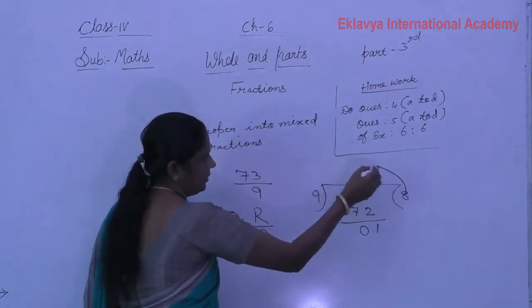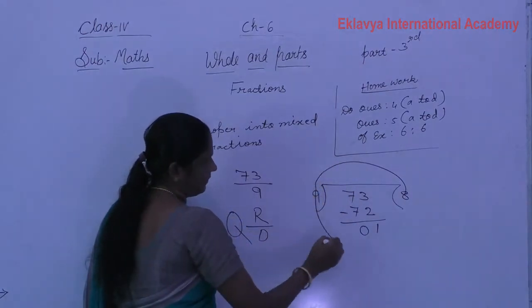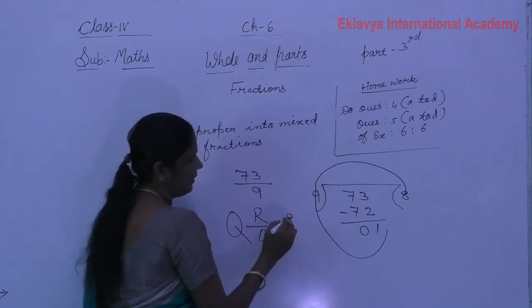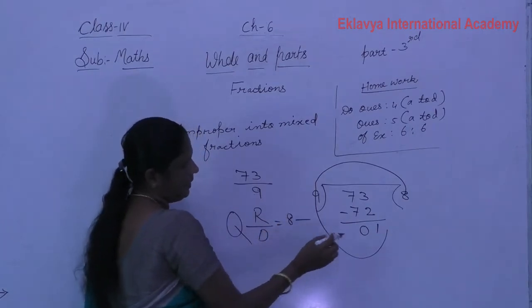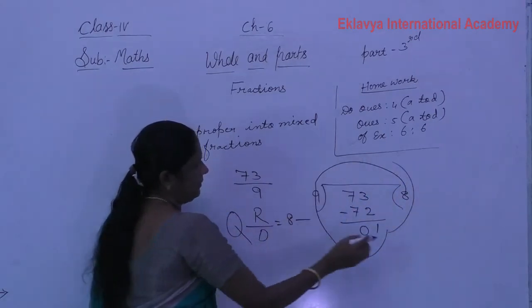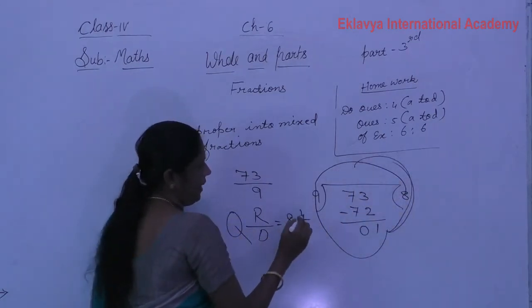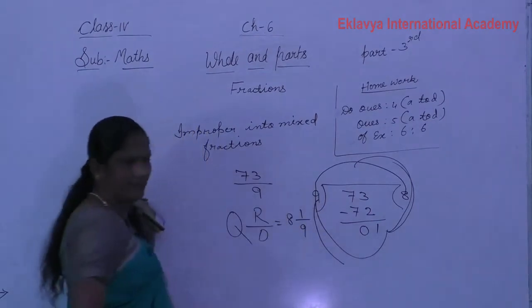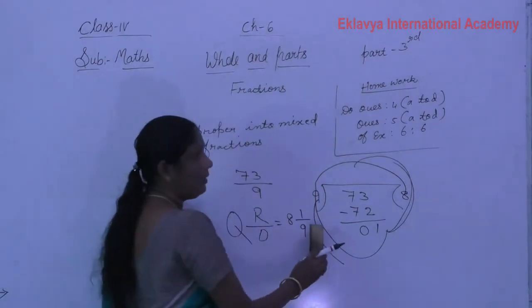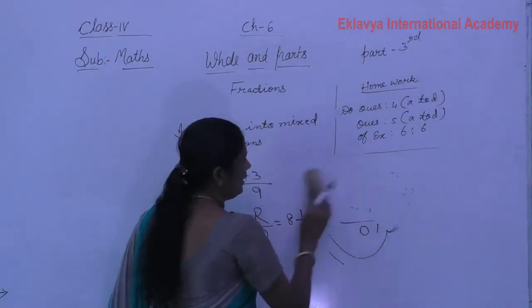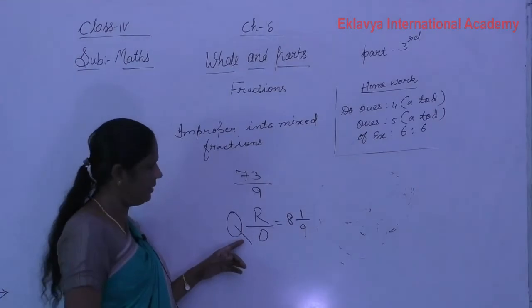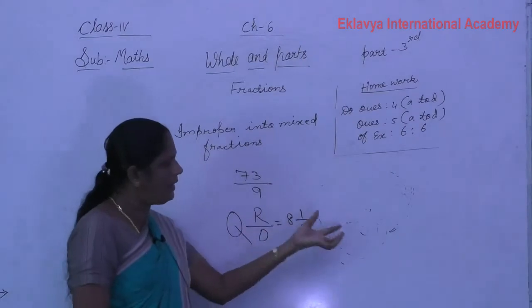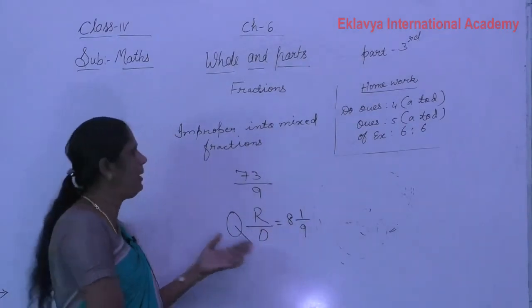See, this comes first, then this comes on the upper side, this 1, then this comes on the downside. Do you understand? First you understand this quotient, then our remainder is our numerator, our divisor is our denominator.